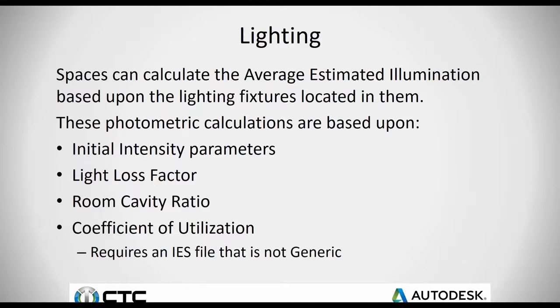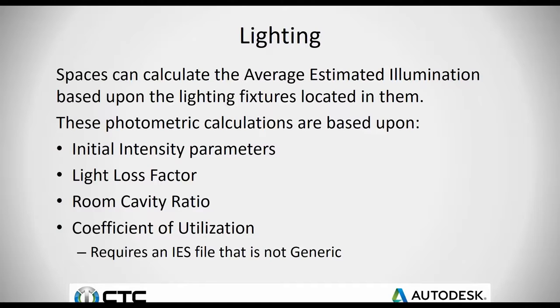Now with lighting, spaces can calculate the average estimated illumination based on the light fixtures in them, and these rely on the photometrics in the family for the initial intensity parameters, light loss factor.